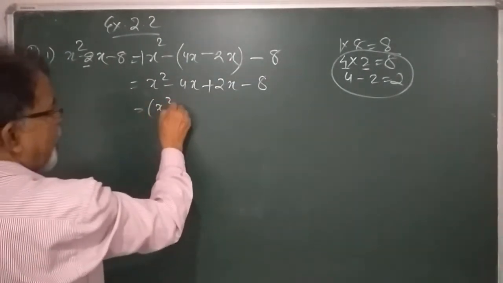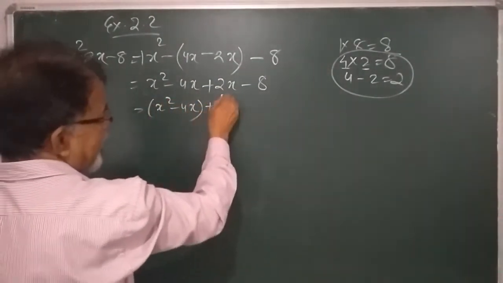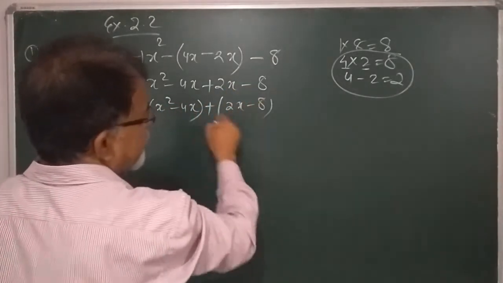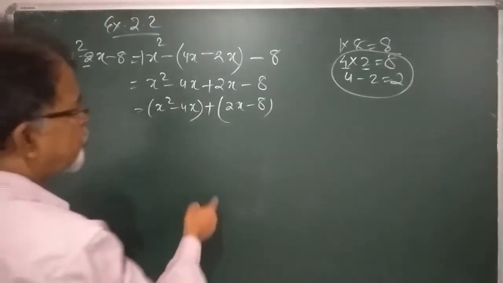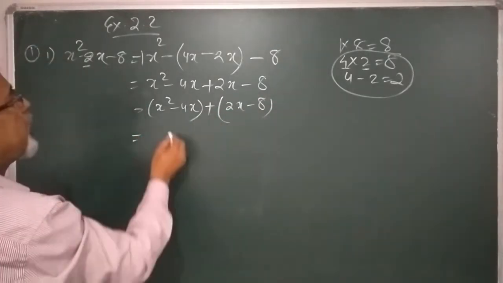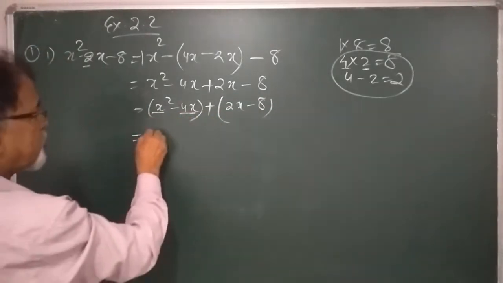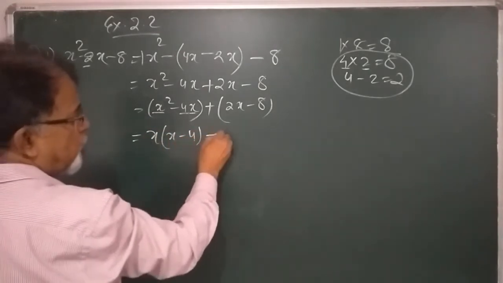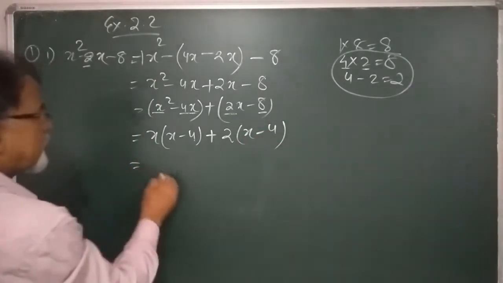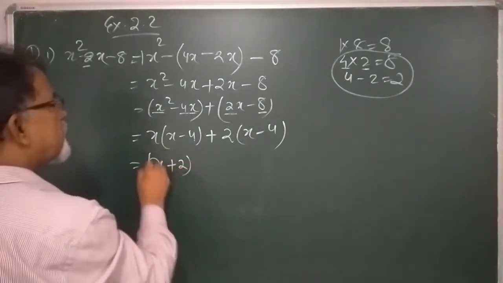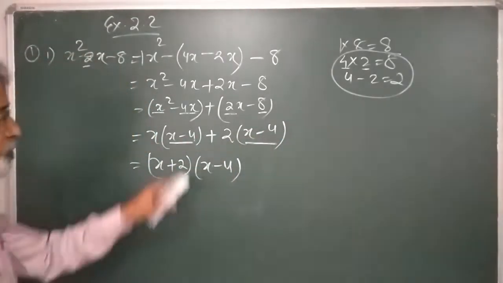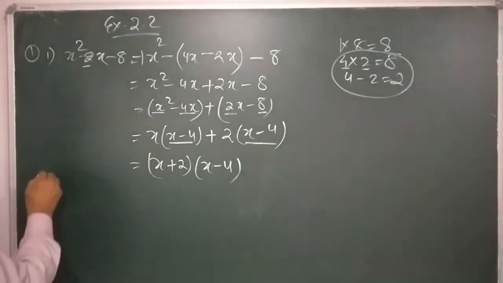In x square minus 4x, x is the common factor; in the last two terms, 2 is the common factor, so 2 into x minus 4. This implies x plus 2 into x minus 4. Here the binomial is the common factor of these two terms.